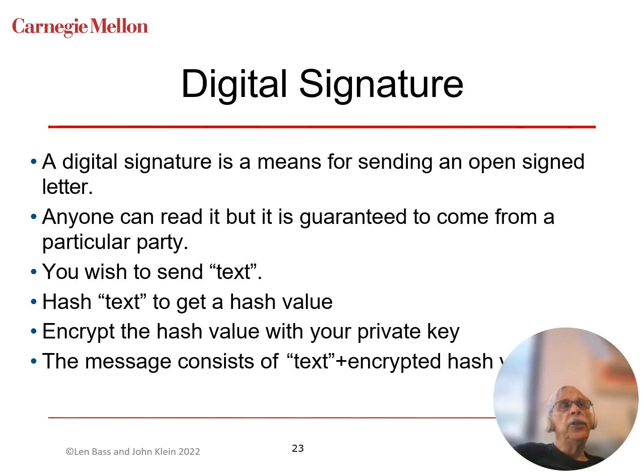So you hash the text and get a hash value, and then you encrypt it with your private key. So a recipient can hash that text, decode the encrypted value with your public key, and compare the decrypted hash with the hash of the text that is in the message. That seems a little bit circuitous.